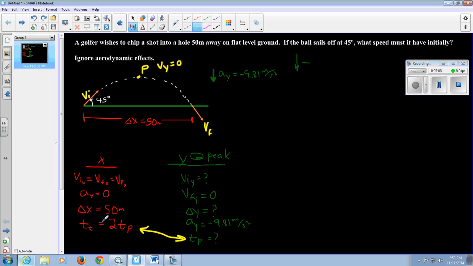And we've already shown that by saying total time is equal to 2 times the time to peak.